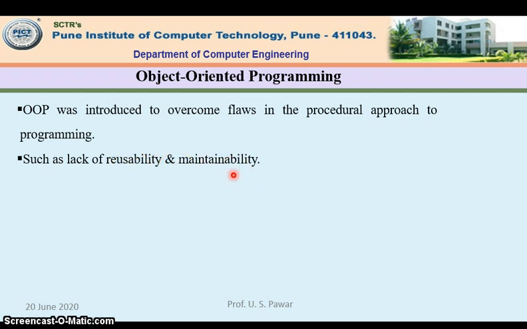The data is local or global, but it is not safe because any function can access it through the same program. And we will also see in OOP how reusability can be done in C++ by means of inheritance, right? If I want to do the same task, then I don't need to write similar code again and again. I can write the same code once and reuse it again and again in the same program.